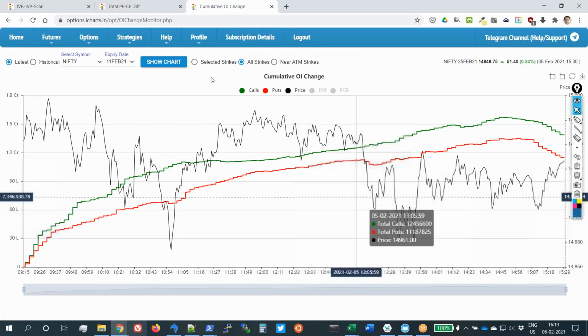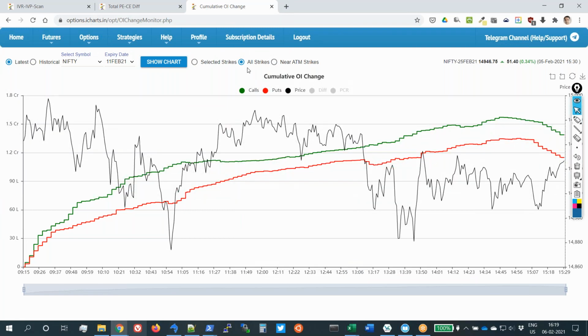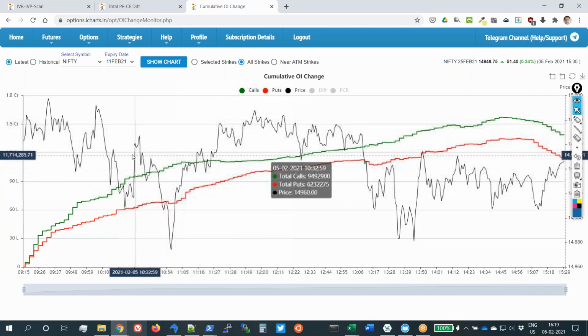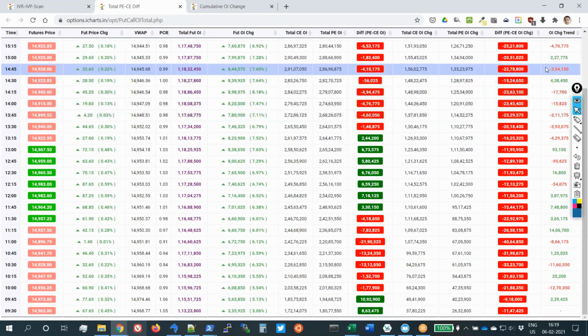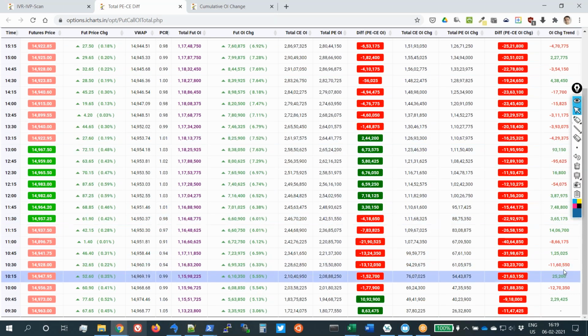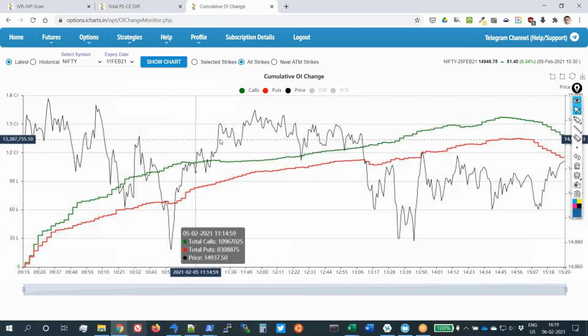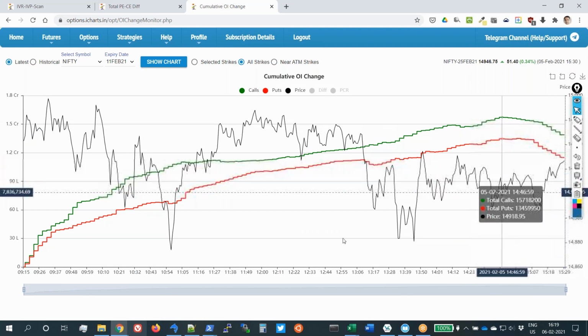Here, if you see, I've selected all strikes. The PEC tool was suggesting overall negative, but this OI change trend is fluctuating significantly. It is clear that the whole day was mostly sideways to downward bias.